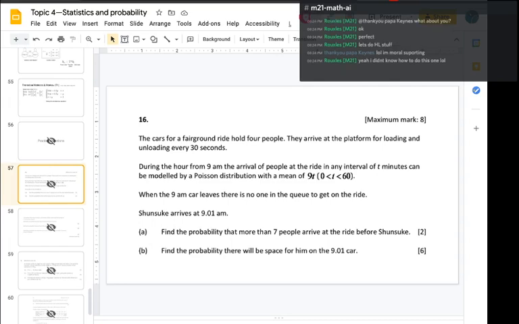Wait, I don't know how to say that. When the 9 a.m. car leaves, there's no one in the queue to get on the ride. Shunshike arrives at 9:01 a.m.